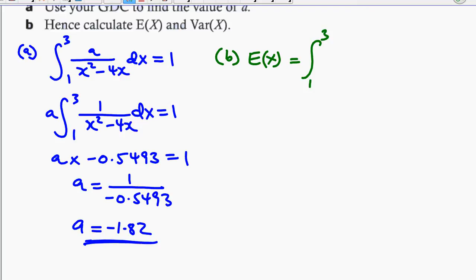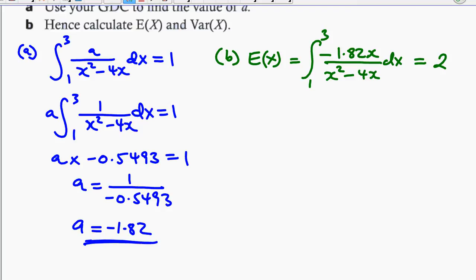So 1, 3, negative 1.82x over, remember I have to multiply by x because that's the formula for calculating the expected value. Check your formula booklet. Now, if you plug this in your calculator, you'll get 2 as your answer.